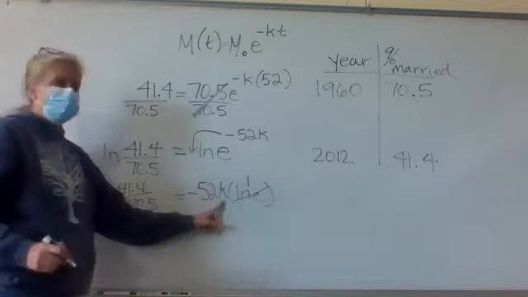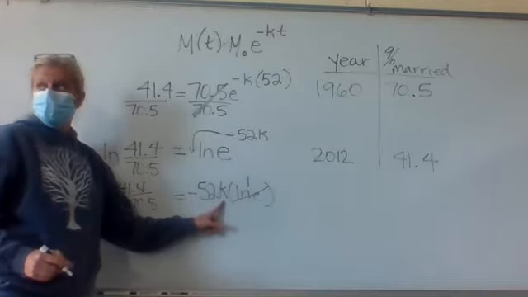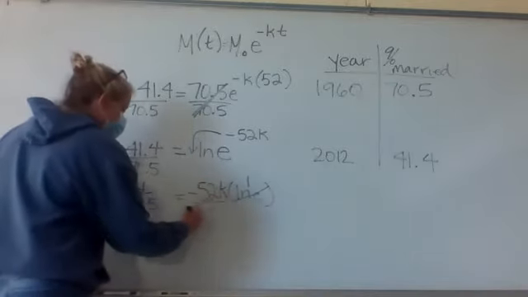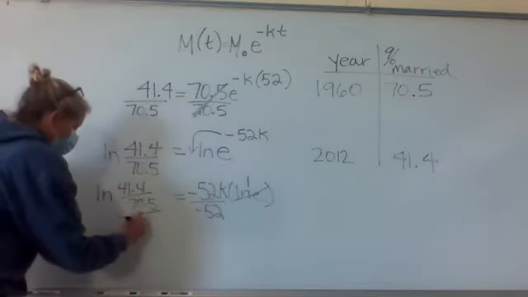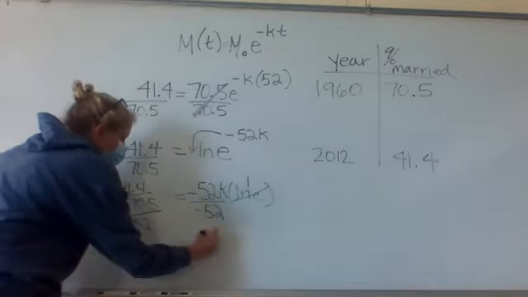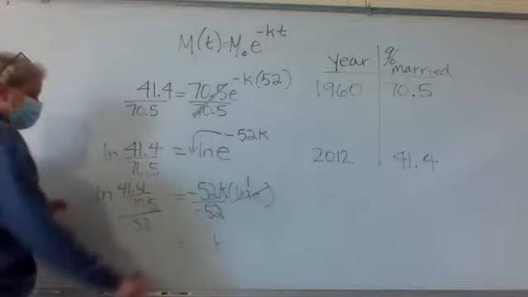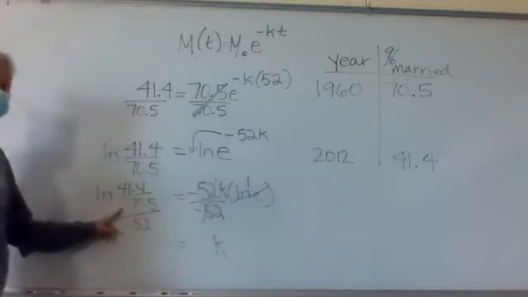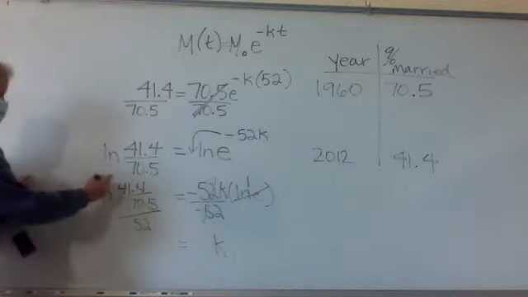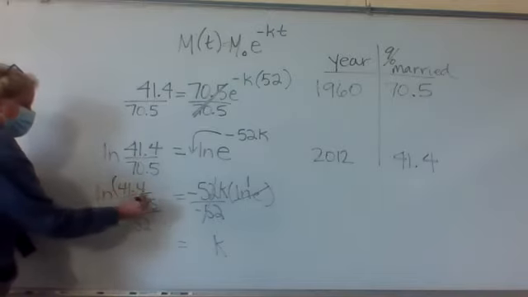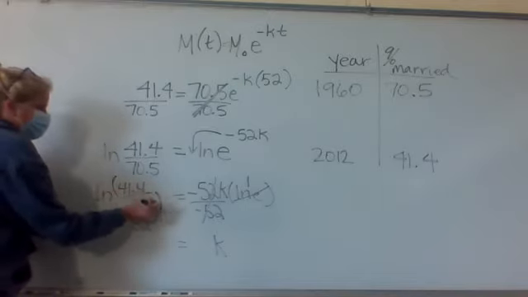So what am I solving for? This K, which means I need to divide by negative 52. That will give me my K. Now, remember, when you type this in your calculator, the only part of this that you're taking the ln of is 41.4 over 70.5.